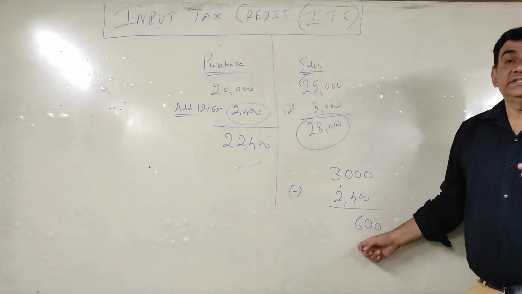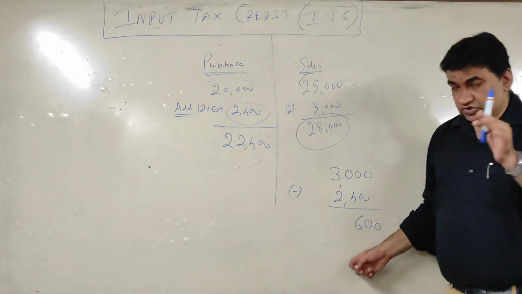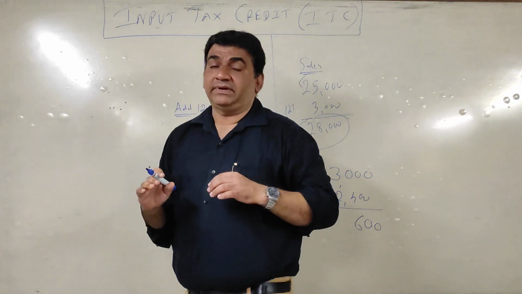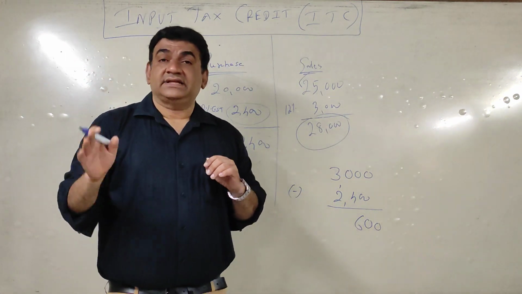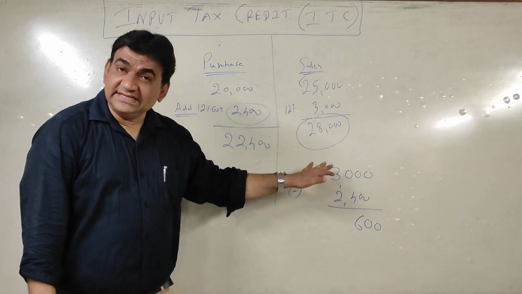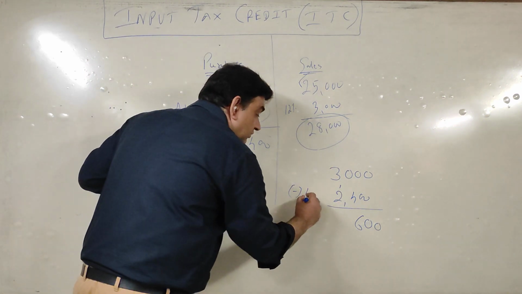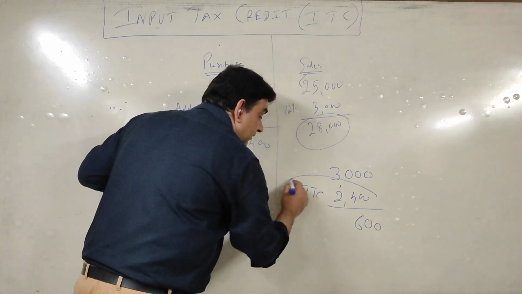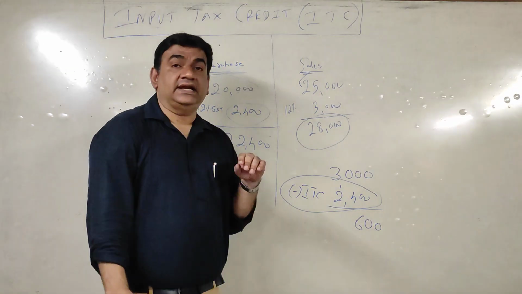Now you will just pay this difference. So the name of the chapter, input tax credit, is nothing but what you paid, that adjustment you do. So in this example, this 2,400 is nothing but your input tax credit.